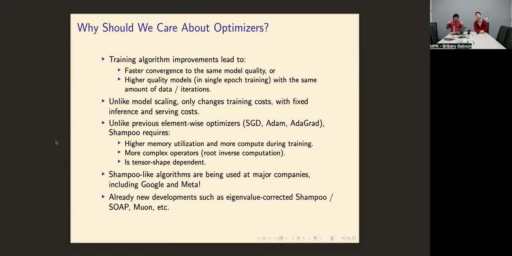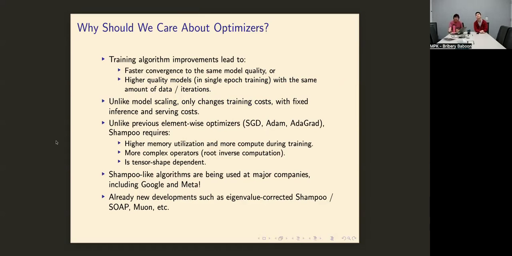But I would like to make the argument that better training algorithms would ultimately enable us to converge faster to the same model quality, potentially with less data, or to obtain higher quality models with the same amount of data or the same number of iterations. This is often because in industry we usually have a limited amount of data that we're training on, and we're really looking at a single epoch of training with a fixed number of iterations.